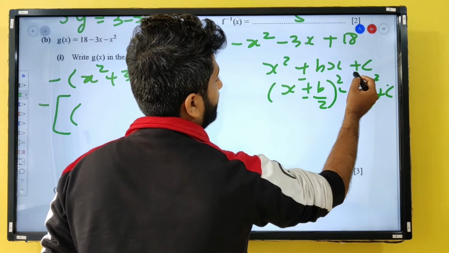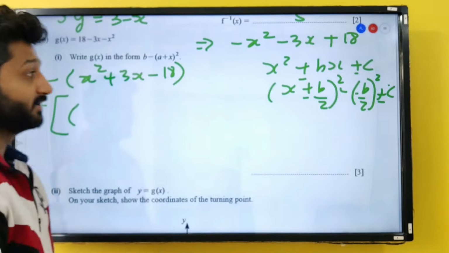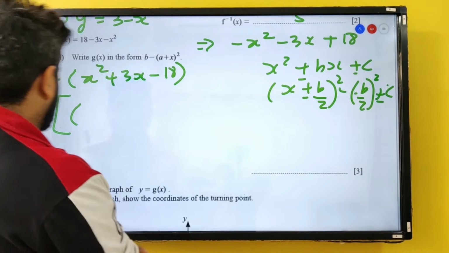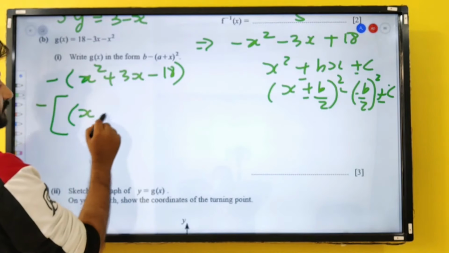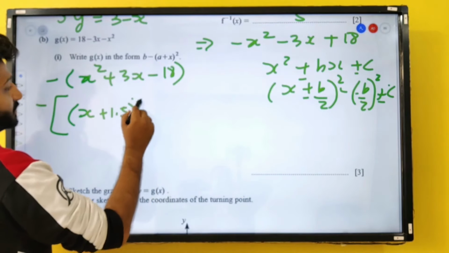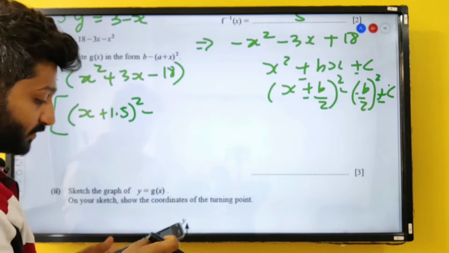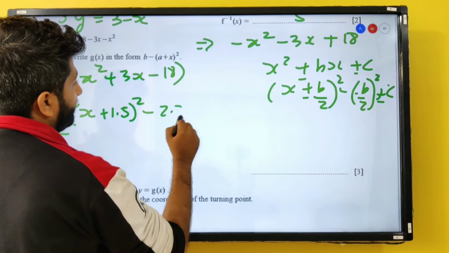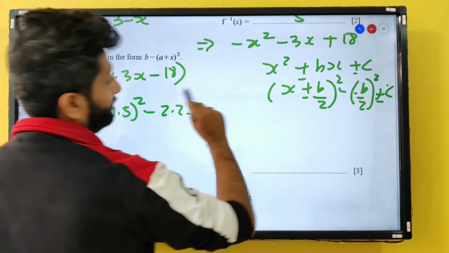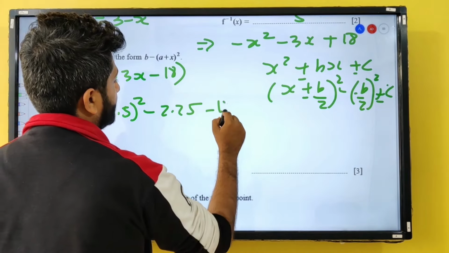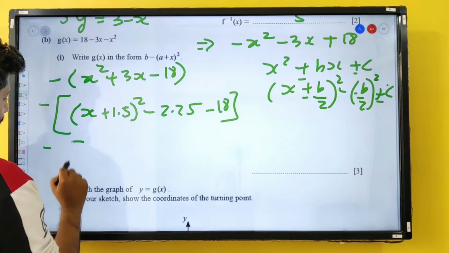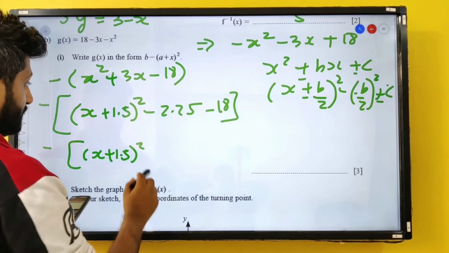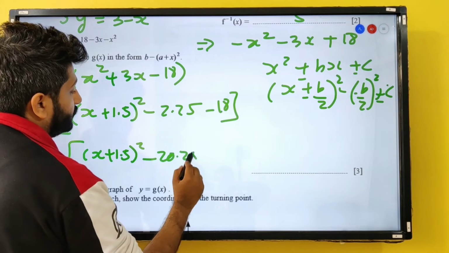My b is plus 3. So plus 3 by 2, which is 1.5, square minus 1.5 square. What is 1.5 square? It is 2.25. Plus or minus c, my c is minus 80. So you have x plus 1.5 square minus 20.25.